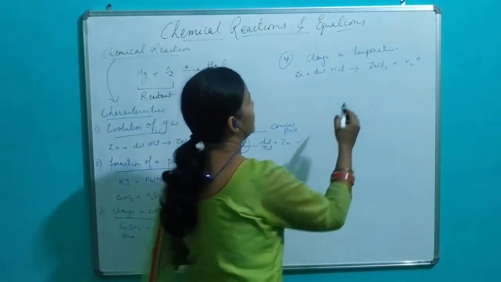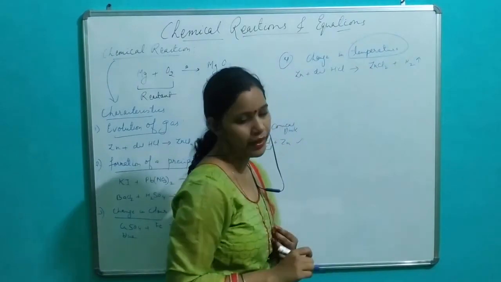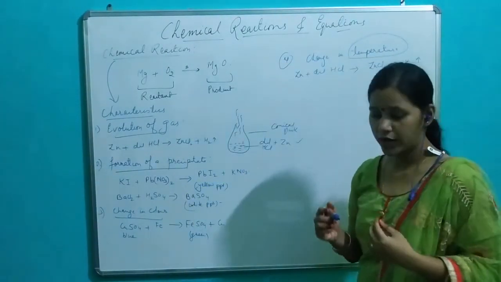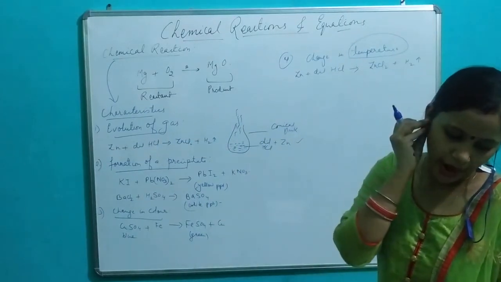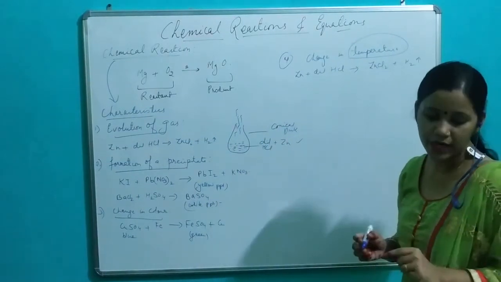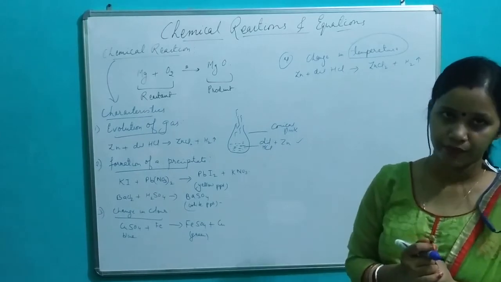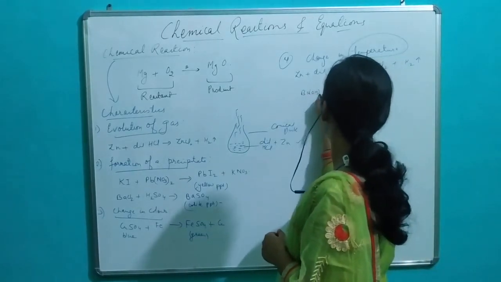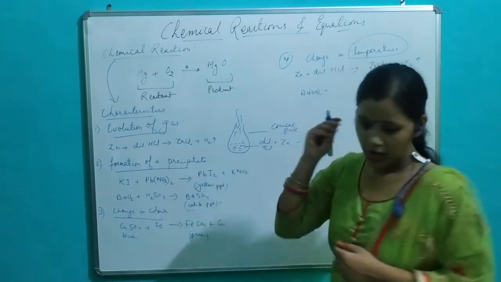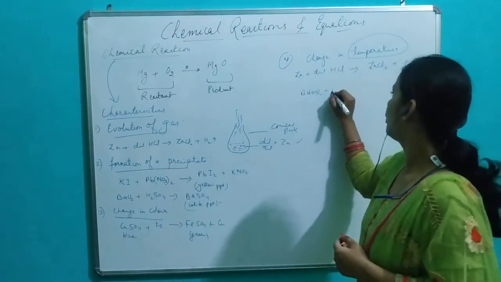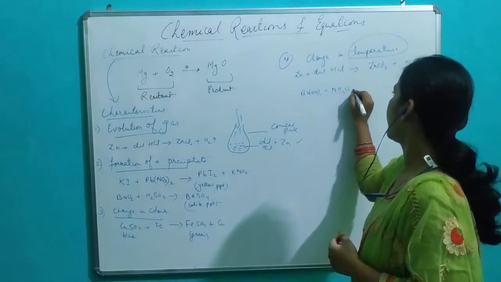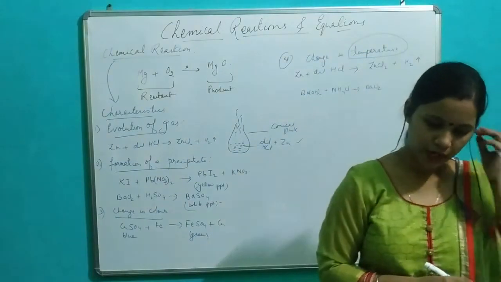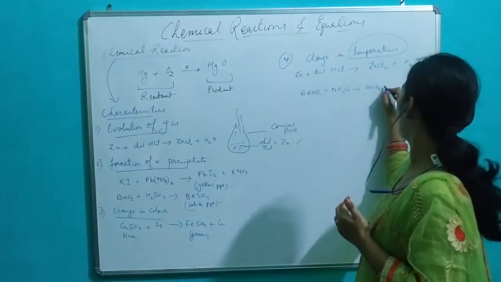So there is a change in temperature. Similarly, consider the chemical reaction between barium hydroxide and ammonium chloride, which forms BaCl2, ammonia and water.